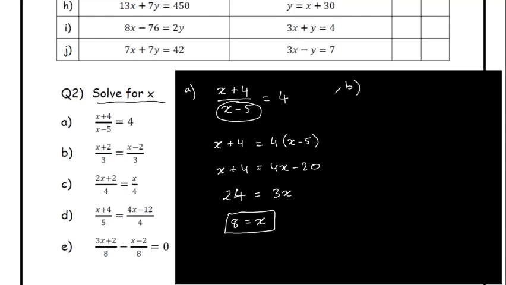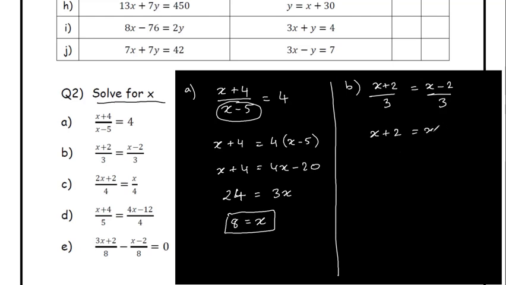B. x plus 2 upon 3 is equal to x minus 2 upon 3. So the best way to simplify this is multiplying 3 on both sides. So when you multiply 3 on both sides, you end up getting this. And then you realize that the x's cancel out.